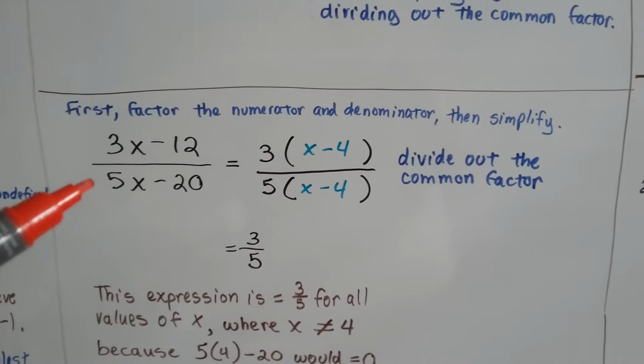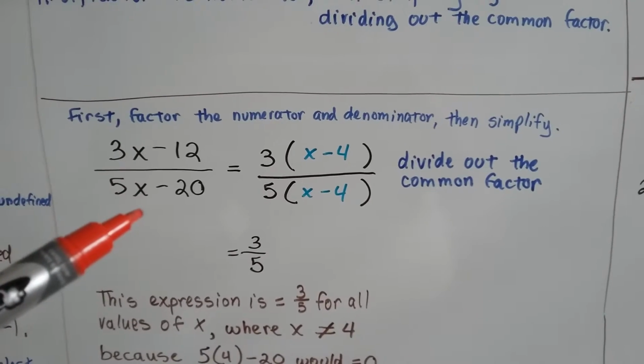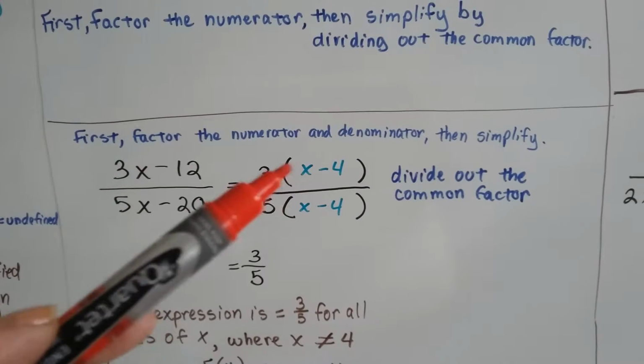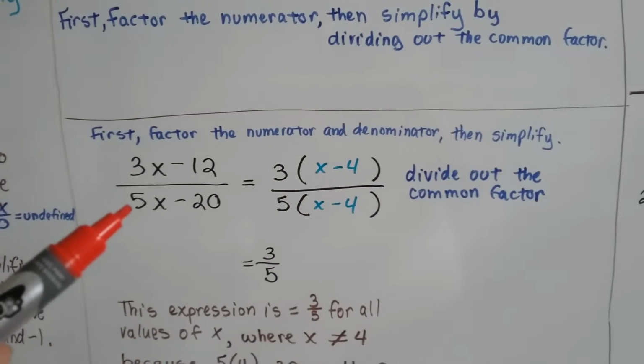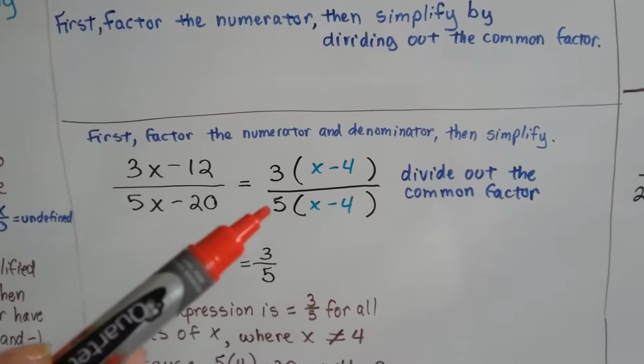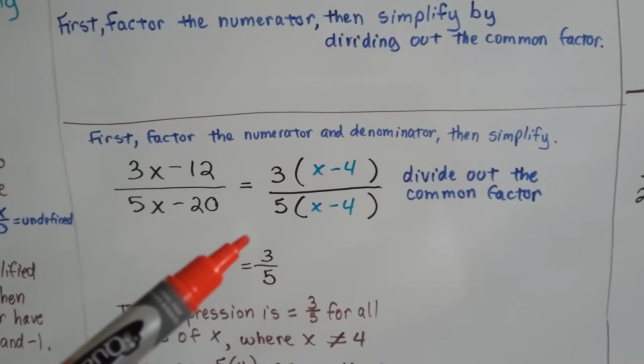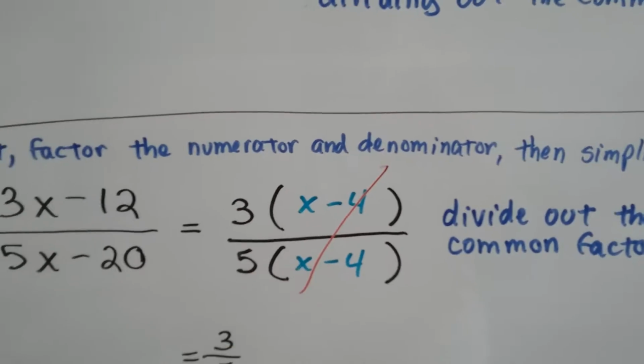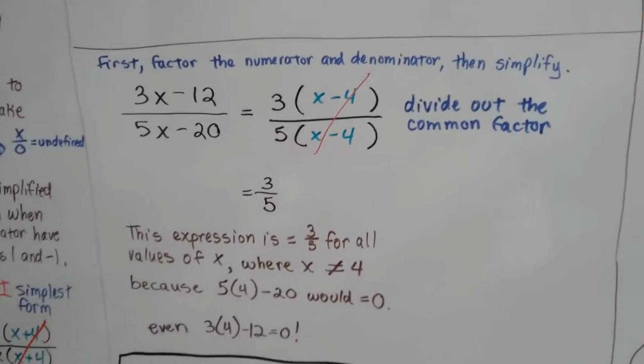Let's try this one. We've got 3x minus 12 divided by 5x minus 20. So we factor the 3x minus 12 to be 3 times x minus 4, and we factor the denominator as 5 times x minus 4. Now we can divide out this common factor, the x minus 4. And what we're left with is 3/5.